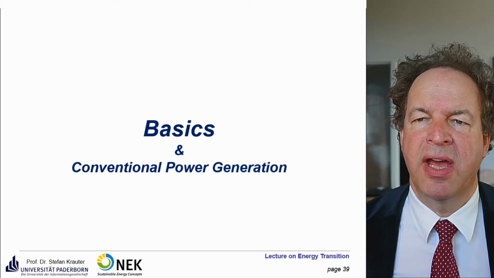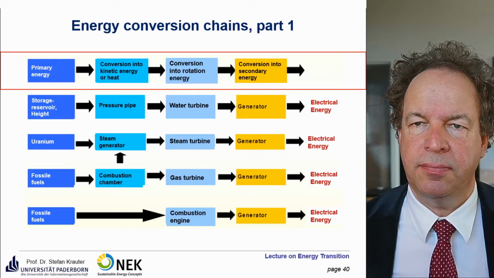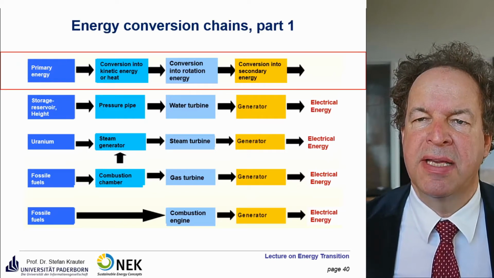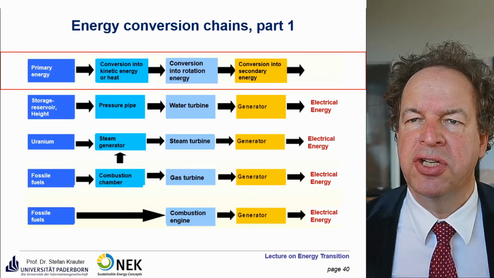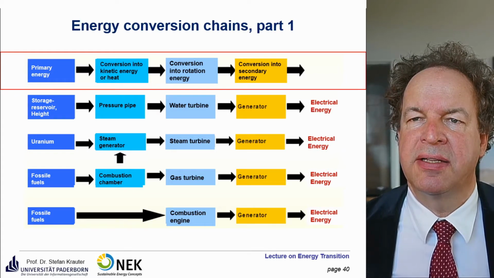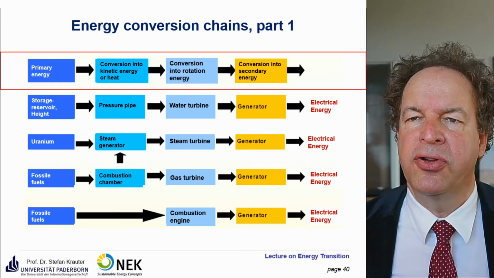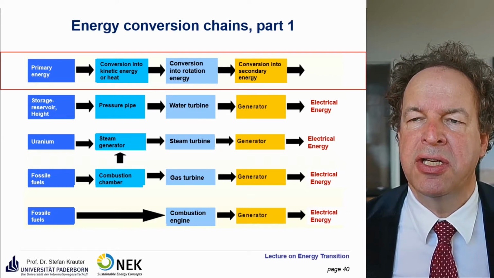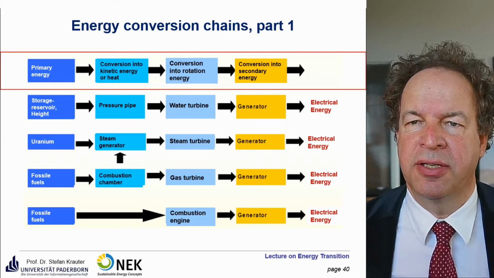So for today we have basics of conventional power generation. The basic outline is we have primary energy. We convert that into kinetic energy or heat, then into rotation energy, and then we convert that rotation energy into a secondary energy, mostly electrical energy.